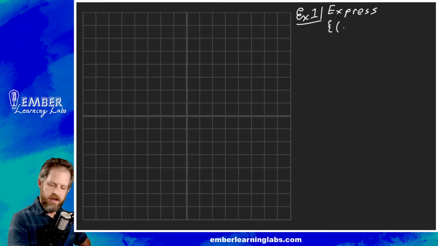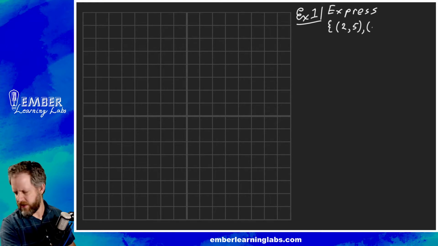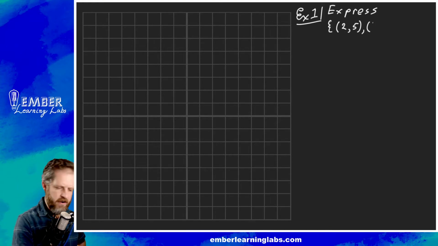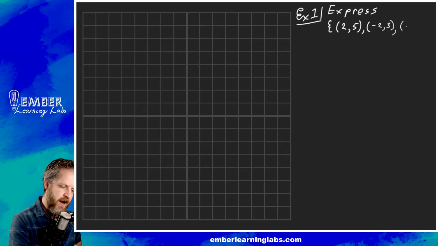So the ordered pairs: the first ordered pair is going to be (2, 5). The next ordered pair is going to be (-2, 3). The next ordered pair is going to be (5, -2).